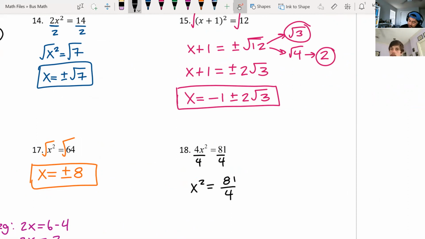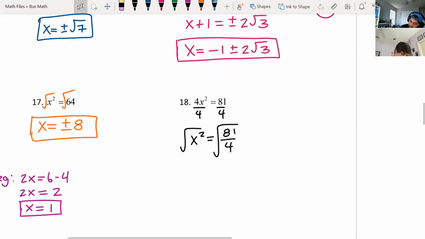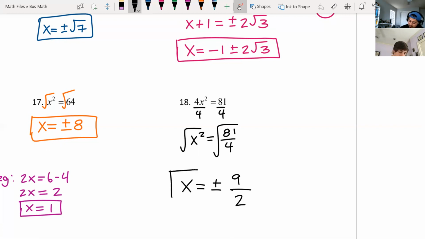Next, what we're going to do is, of course, square root both sides. You're going to get x equals plus or minus. And what is the square root of 81? 9. And what is the square root of 4? 2. There you go. Plus or minus 9/2.